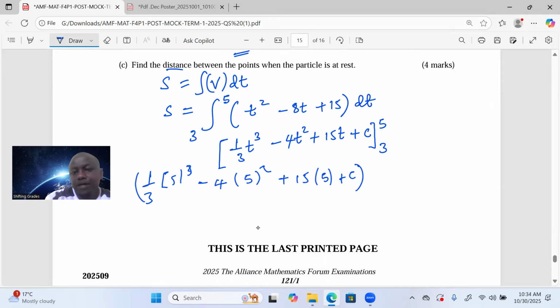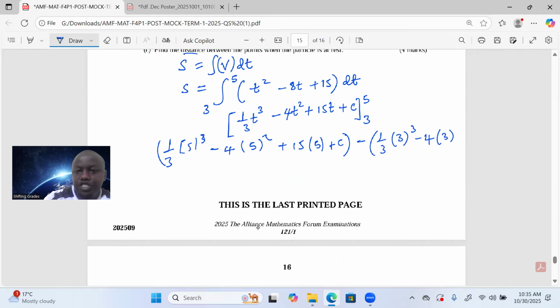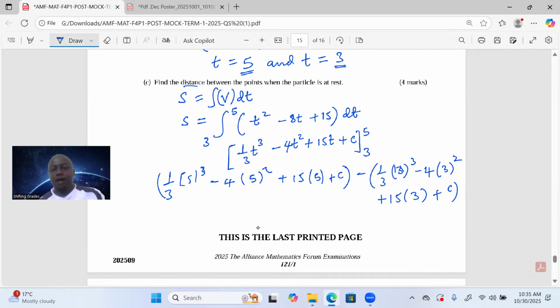Then we subtract when we substitute 3 now. So a third of 3 power 3, minus 4 times 3 squared, then plus 15 times 3, plus c. Yeah, plus c, like that.